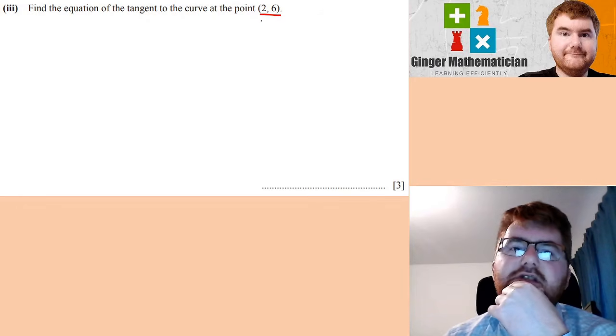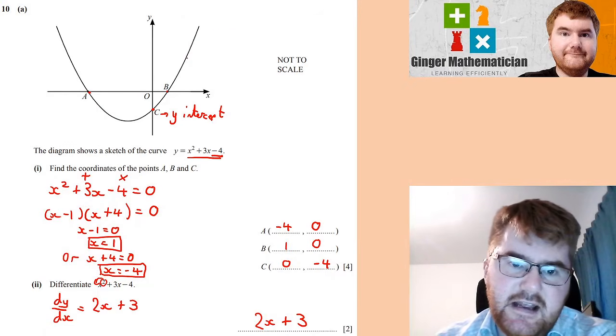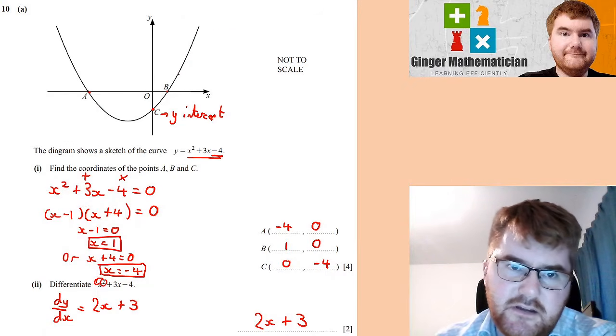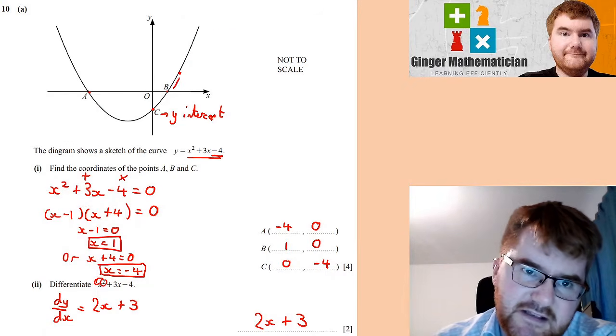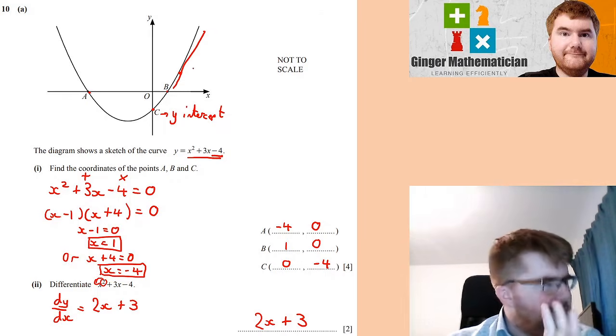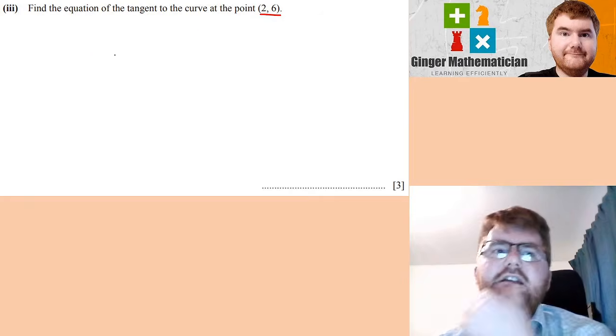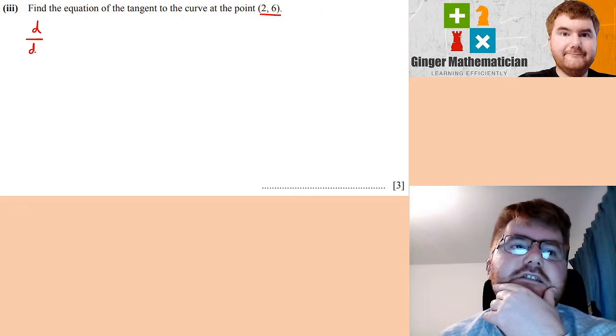And once we've done that, then we want to find the equation of the tangent to the curve at the point 2, 6. Okay, so essentially what we're doing, if I represent this, is if we take the point 2, 6, it's going to be up here somewhere, then we want to find this tangent line that just touches the graph and then disappears off. Obviously, it doesn't bend in the middle, a nice straight line. So what we do is we work out the gradient at x is equal to 2.